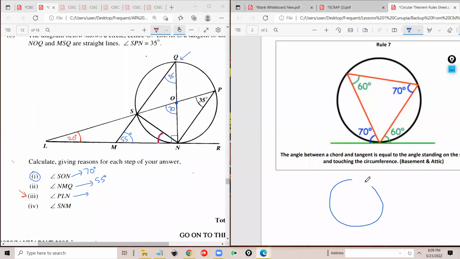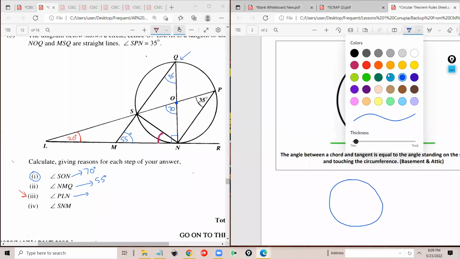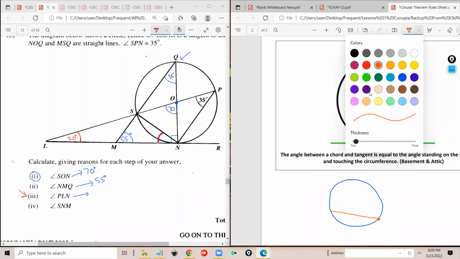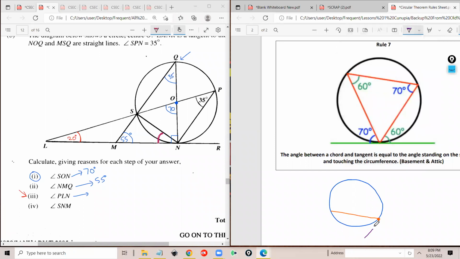If you have a circle, and in the circle, you have a chord, right? So we have a chord. And then one side of the chord must touch the circumference. Let's say we have a tangent here. There must be an angle between the tangent and what? The chord.